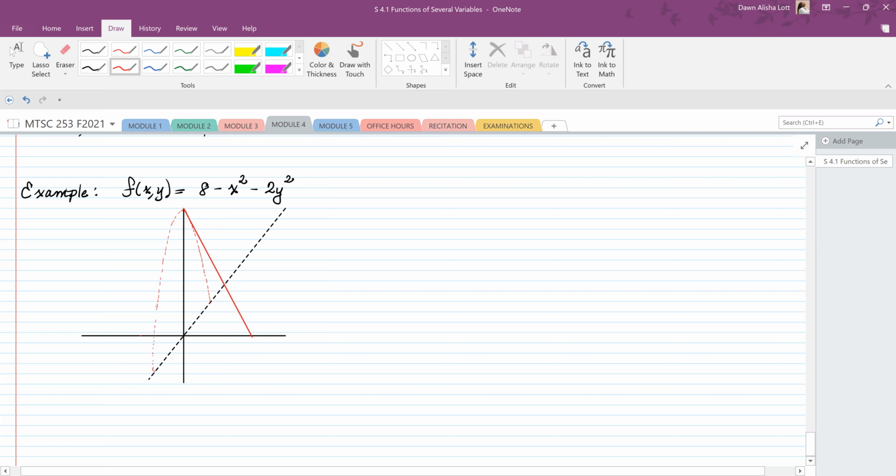And then I can draw parabolas. That's one, 2, 3.